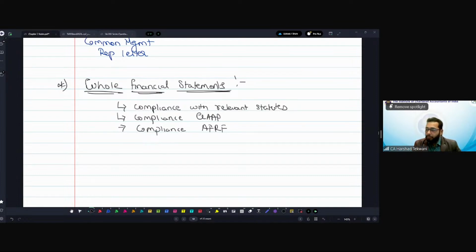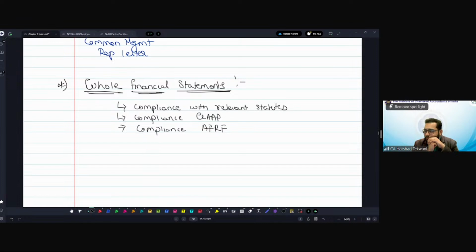Come on guys, pretty easy. The general purpose financial statement. Okay. Simple question. What is the applicable financial reporting framework to a private limited company in India?